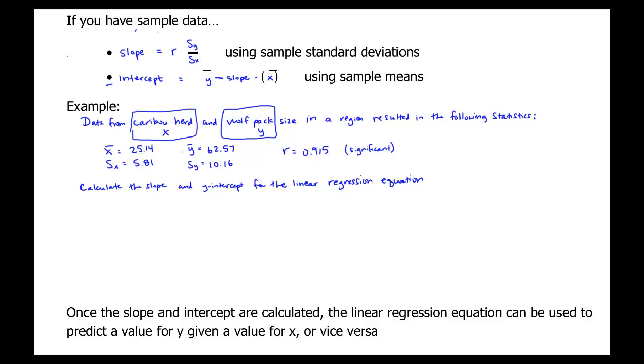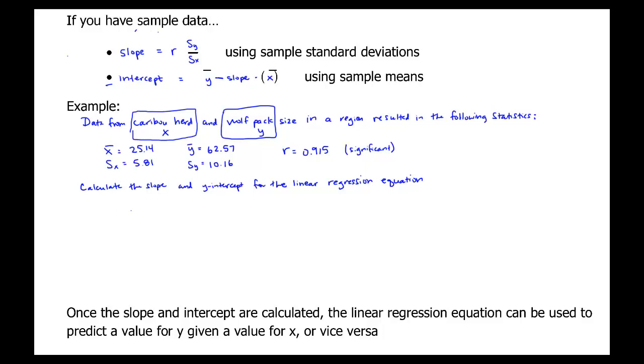For wolf packs, we have a sample mean, or y bar, of 62.57 and a standard deviation of 10.16, and we know the correlation coefficient is 0.915, and it needs to be significant in order to use that, so we'll say that it's a significant positive linear relationship between caribou herd and wolf pack size.